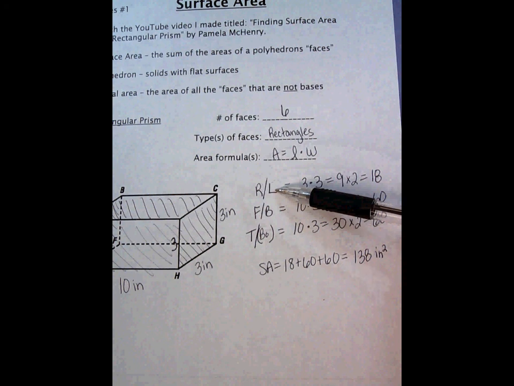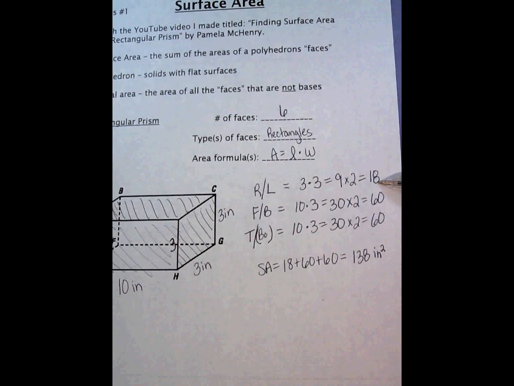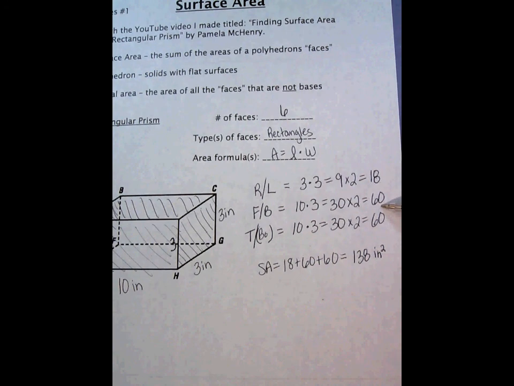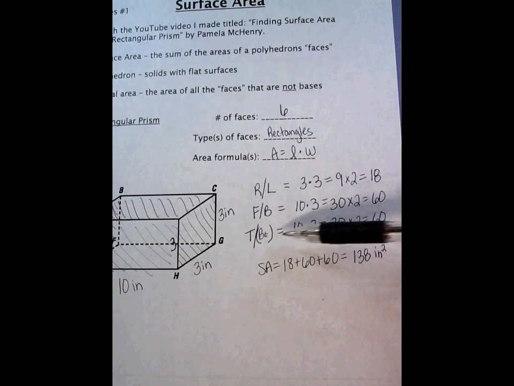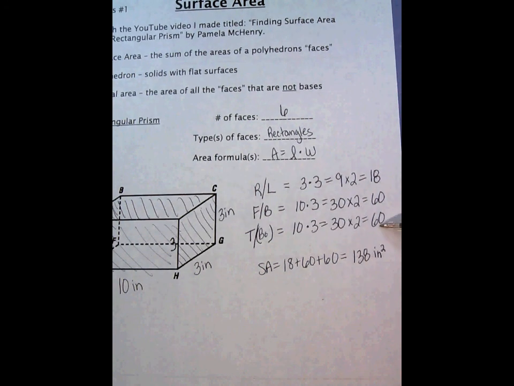The right and the left were the same, so once we found the area of 9 square inches, we just doubled that to make 18. The front and the back were the same, so once we did the 10 by 3 and got the 30 square inches, we doubled that to get 60. And then the top and the bottom were also the same, and so once we found their area of 30 again, we doubled that to get 60.